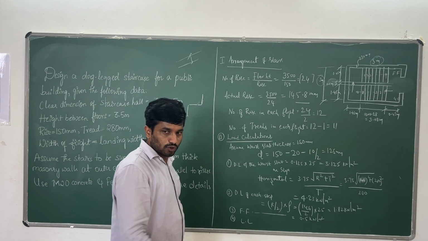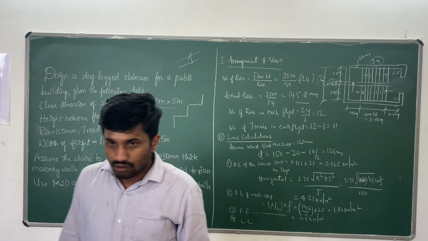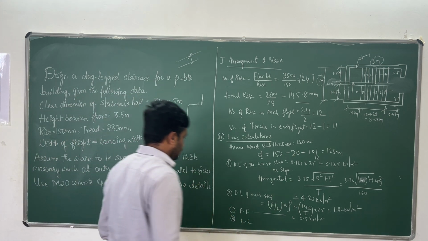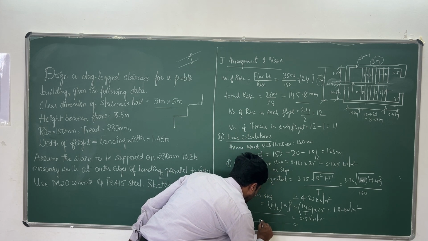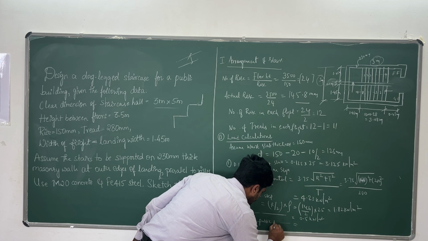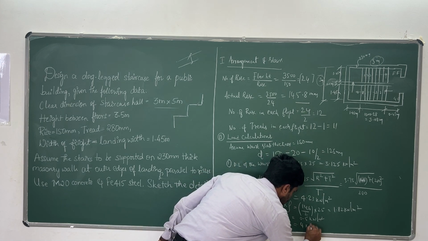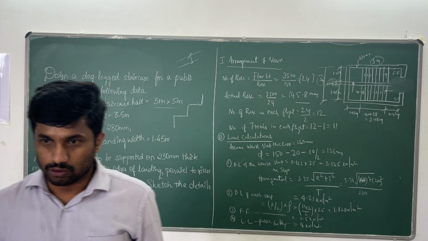This is one more code available on loads. As per the code, live load for public building is 4 kilonewton per meter square.